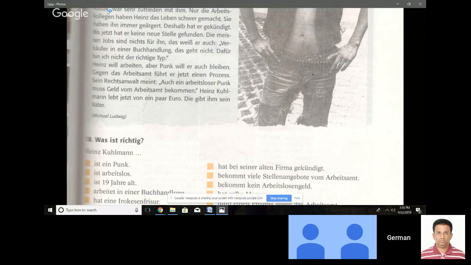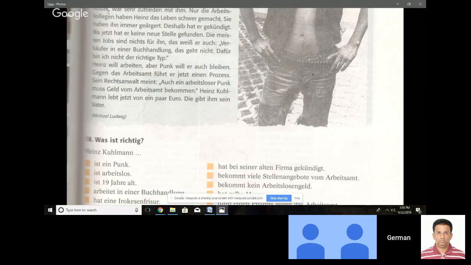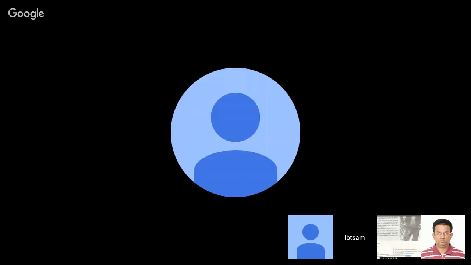Sein Rechtsanwalt meint, auch ein arbeitsloser Punk muss Geld vom Arbeitsamt bekommen. His lawyer thinks that a jobless punk must also get money from the employment office.